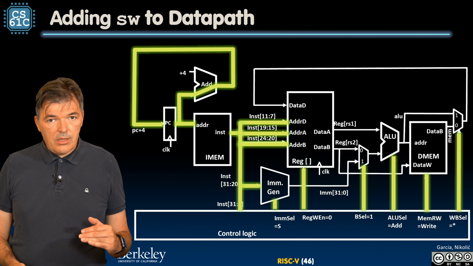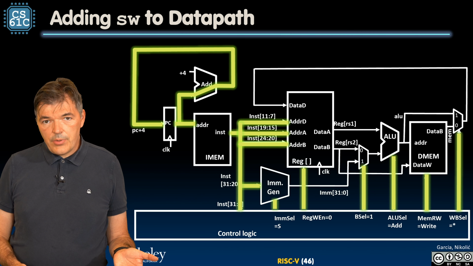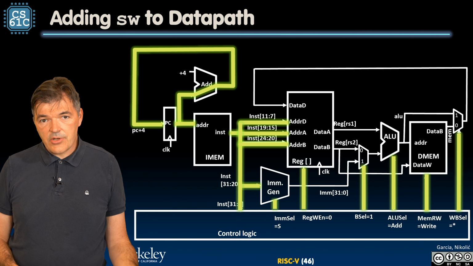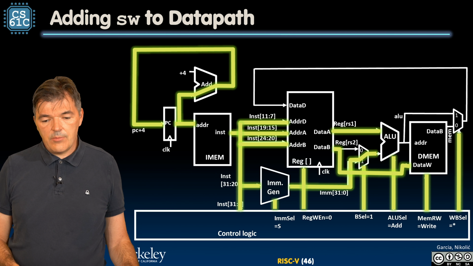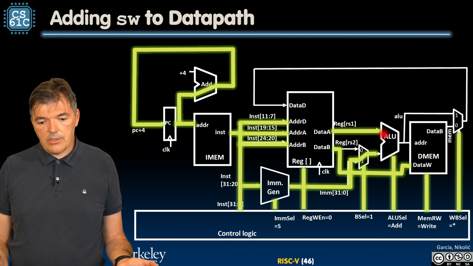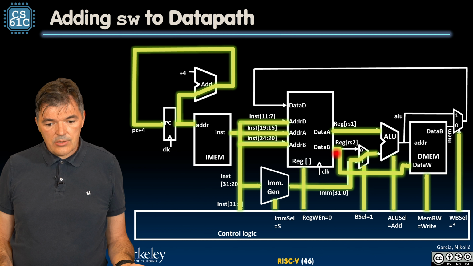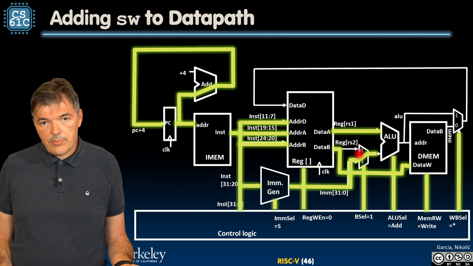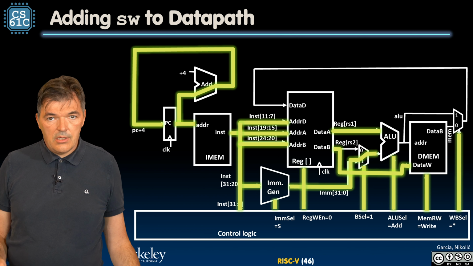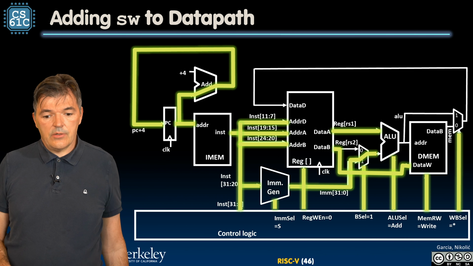So while the control is being lit up, simultaneously we are accessing the registers and generating the immediate. And what we see here, we got our RS1 contents and RS2 contents. And the important thing that we see here is that RS2, although it shows up at this multiplexer, is not selected. RS2 goes around it and goes to the data port of the memory.